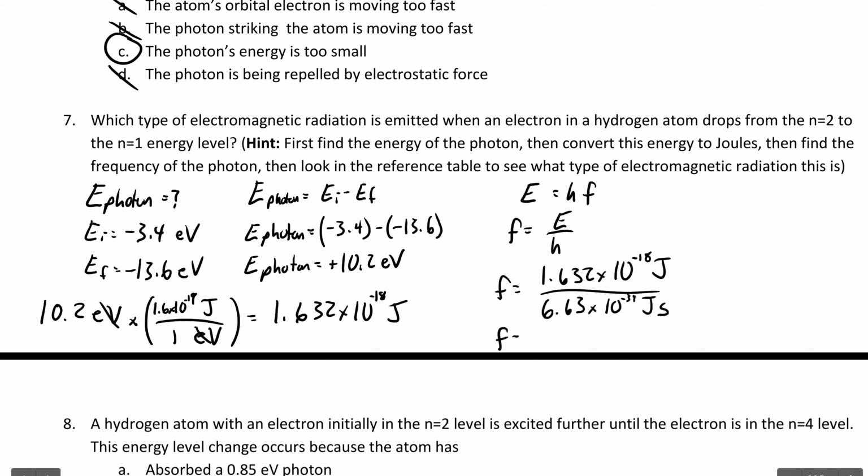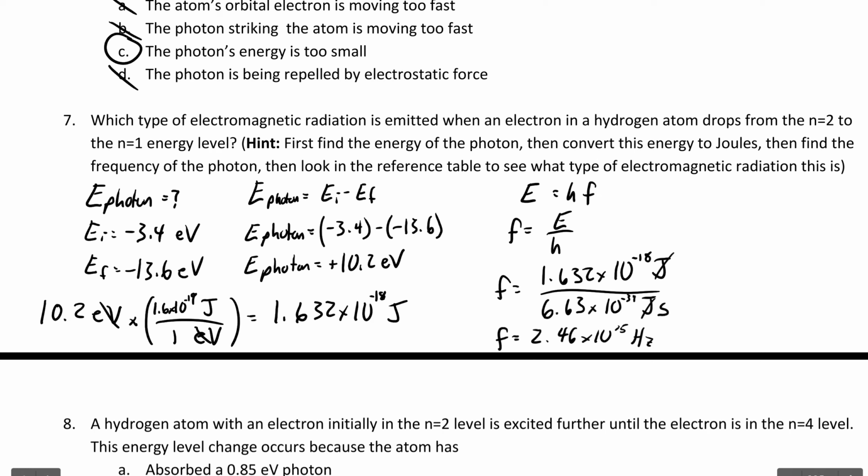Okay, and then the frequency is going to be 2.46 times 10 to the 15. Joules cancel out. You get an inverse second, which is known as a hertz.